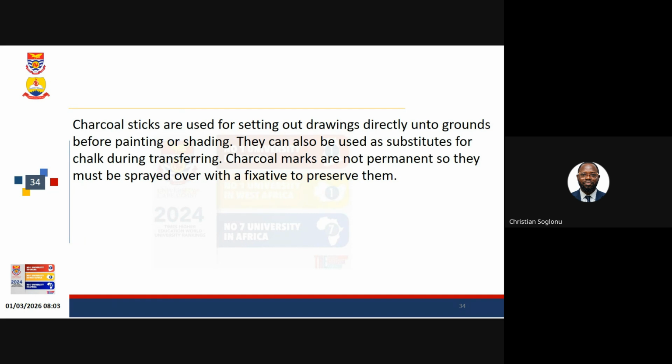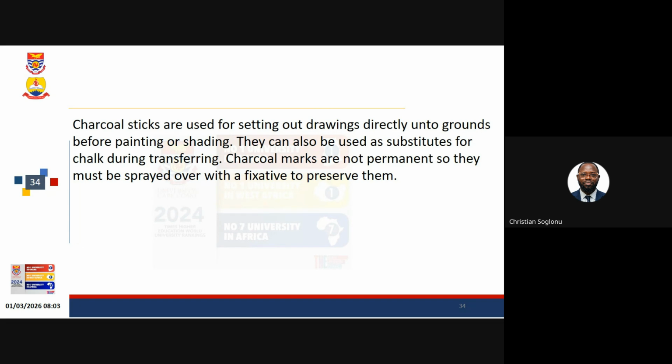So if you want to use your canvas for your artworks, either you use pencil, or if you don't have pencil, you can use charcoal to do those outlines that you want to create before the actual painting can be made. It says that it can also be used as substitutes for chalk during transferring.